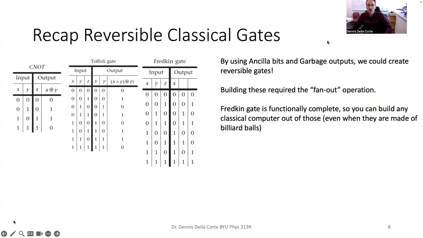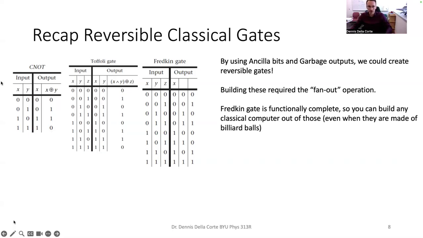Wonderful. We then learned about classical gates, and we said that there's a specific type of gate, the so-called reversible gate, that allows us to deduce what the inputs are given the outputs of a gate. And for that to work, we had to have the same number of input arguments as output arguments.